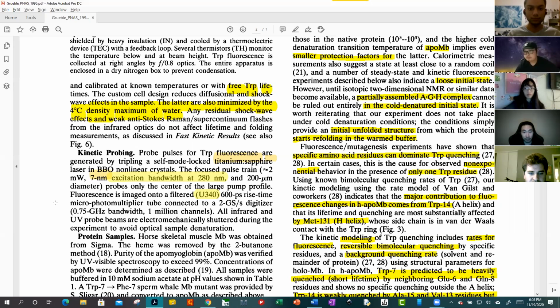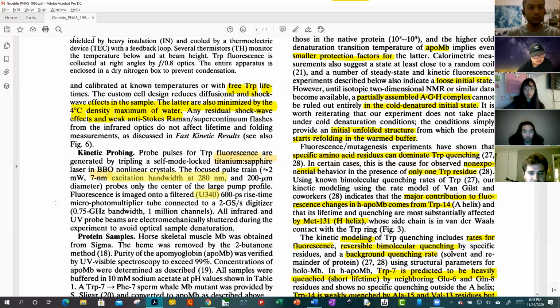So getting the excitation pulse strength to a suitable level is an experimental thing, and you might use a neutral density filter or a beam splitter or something to sort of filter out some of the beam.